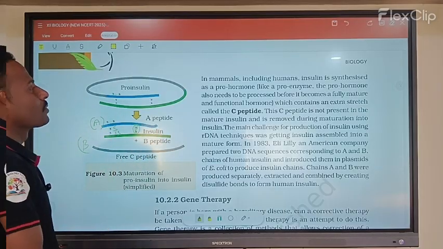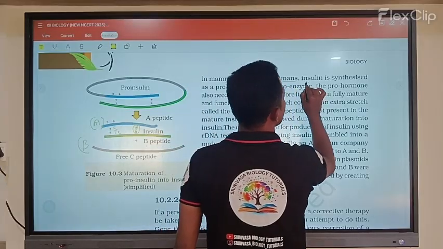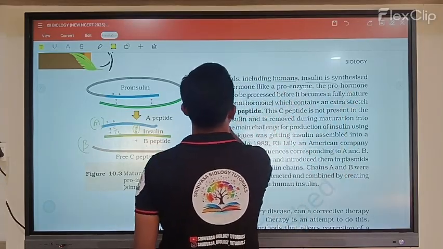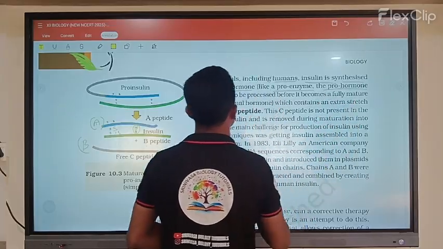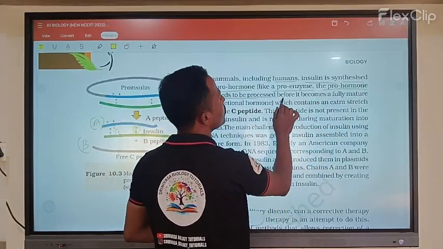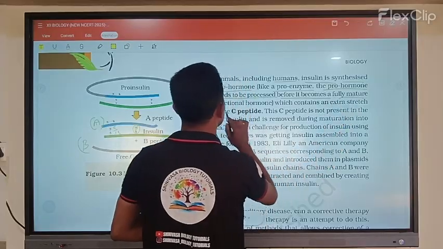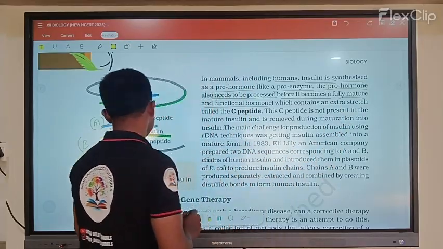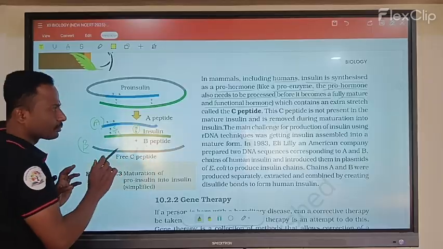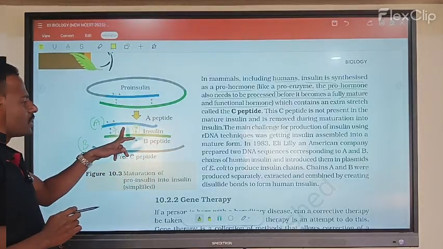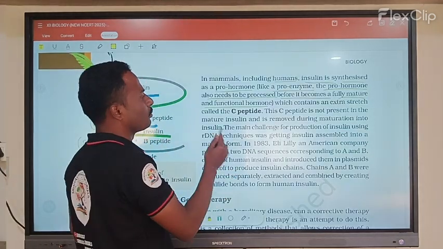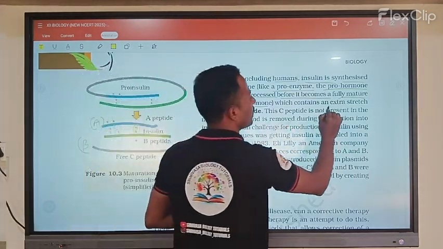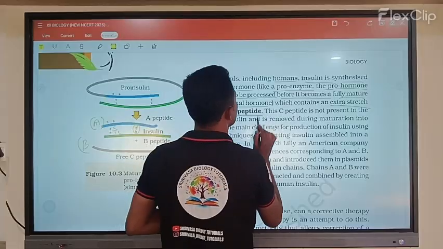In mammals, including humans, insulin is synthesized as a pro-hormone, like a proenzyme. It also needs to be processed before it becomes a fully mature functional hormone. The pro-hormone contains an extra stretch called the C peptide.